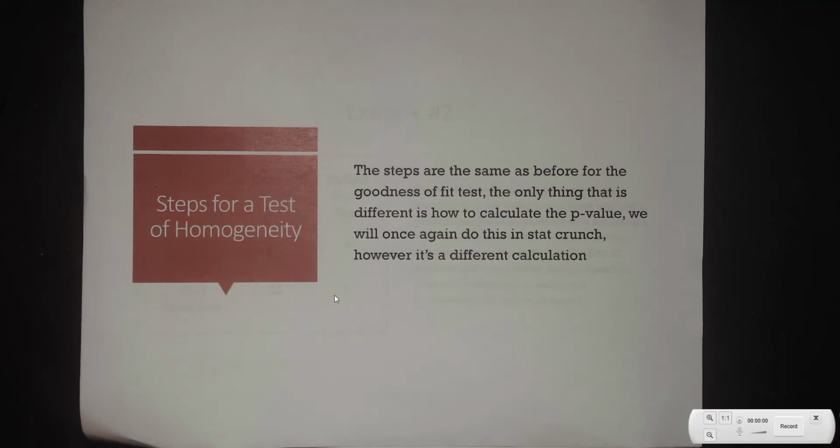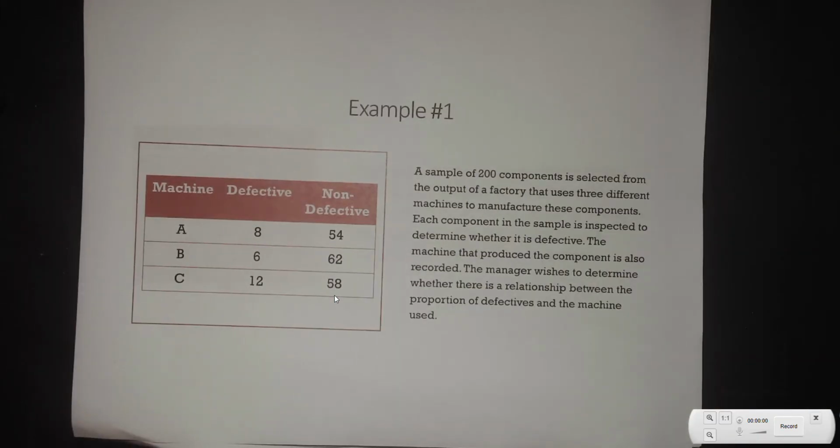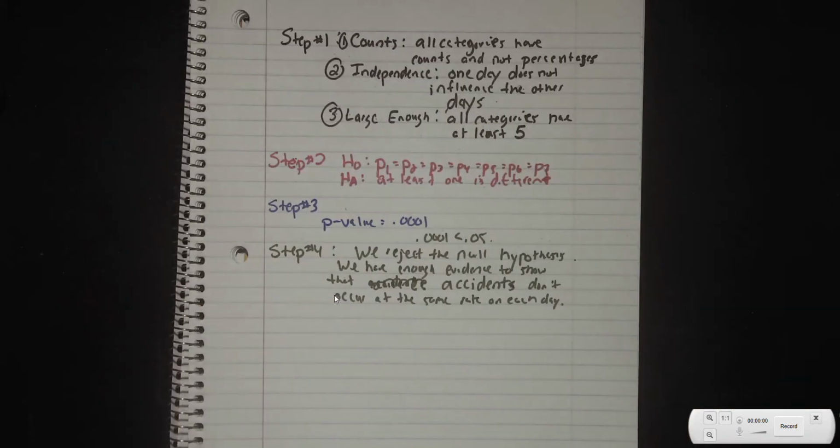But the actual calculations in StatCrunch are pretty terrible too, which is why I don't really use it that much, because I don't like to torture my students. But we'll still go through at least one of these real fast, just so you can see what it's like. It's still the exact same process. So step number 1.